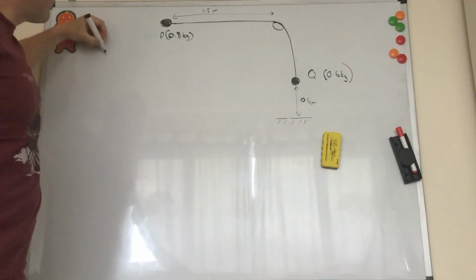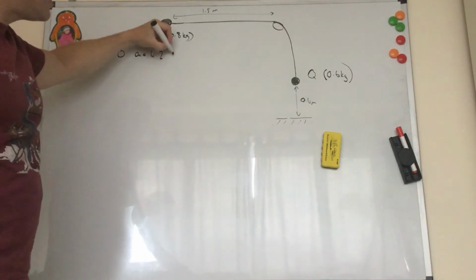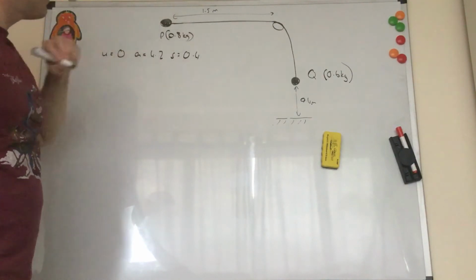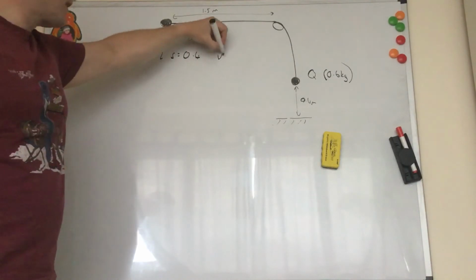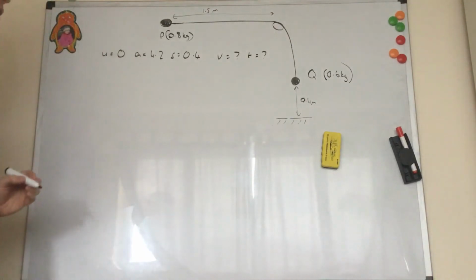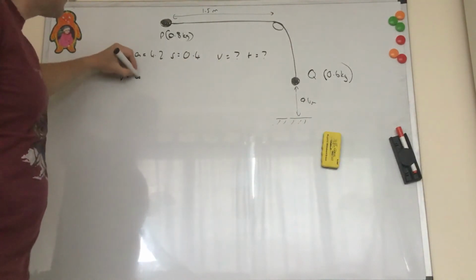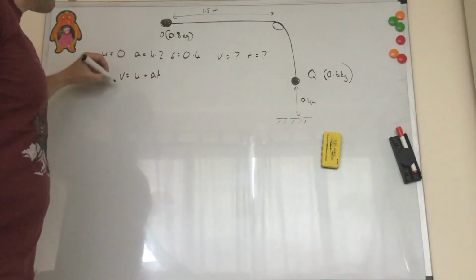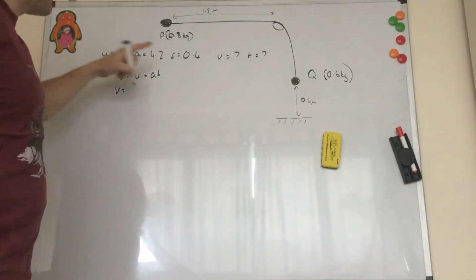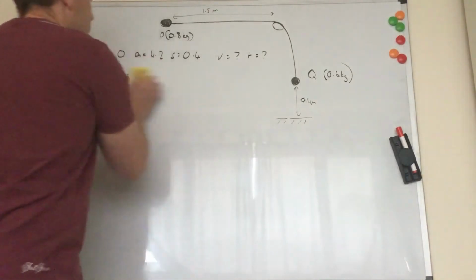Let's look at the SUVAT part first. We know that u equals 0, a equals 4.2, s equals 0.4, and we need to work out v and t. I'm going to work out v first using v equals u plus at. Actually, I can't use that, I'm lying completely, sorry.